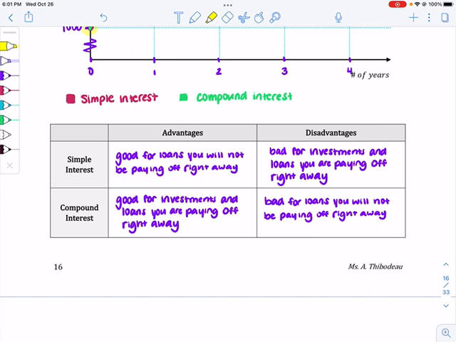The one and only time that simple interest is good and compound interest is less good is this. When we have a loan, and it's a sizable loan, and we are not able to start paying it off right away. Because as we saw, if we have compound interest on a loan and we're not making any payments, that interest will skyrocket.